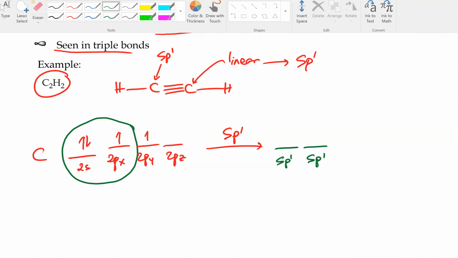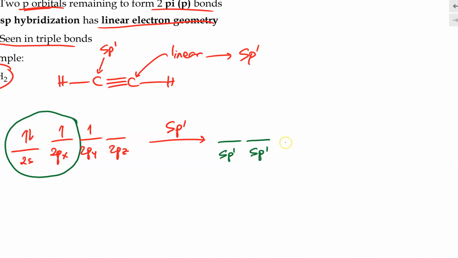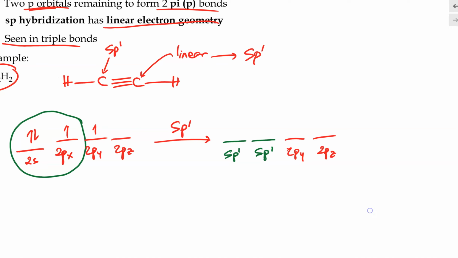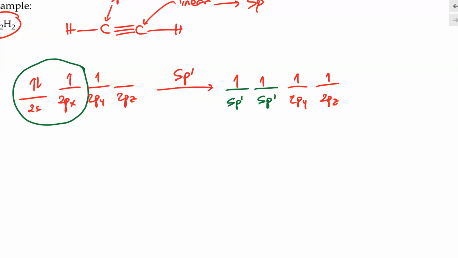And we will still have 2 p orbitals remaining that are unhybridized, and that would be the 2py and the 2pz. And now, energy-wise, they are quite similar in energy, and that makes it possible for the 4 electrons to go into each of these orbitals. And that's how we would have it.